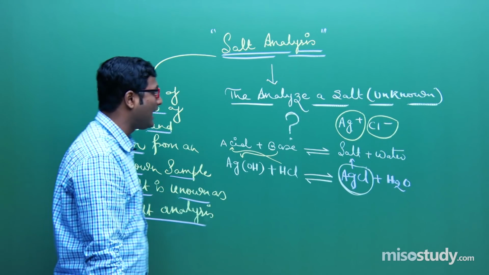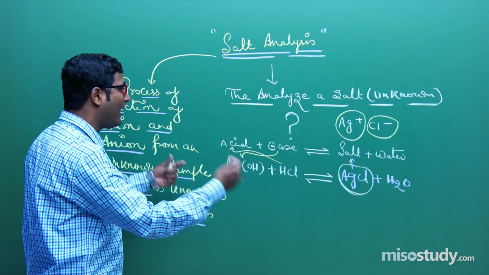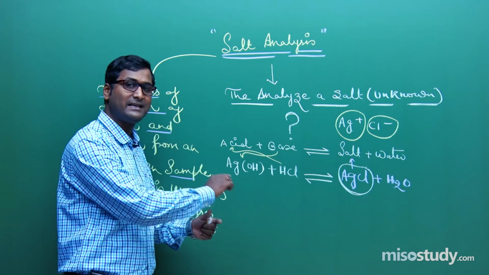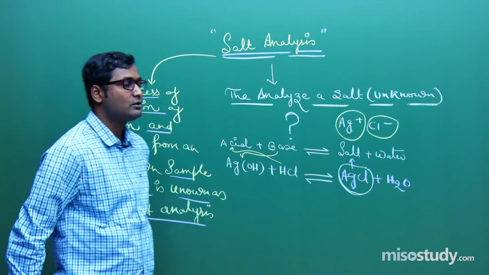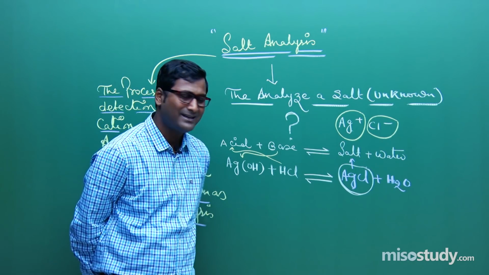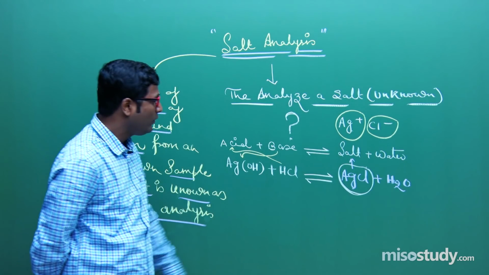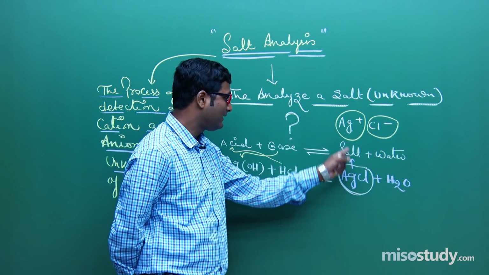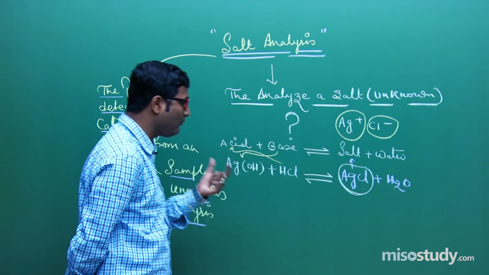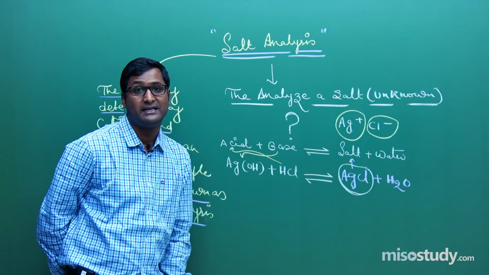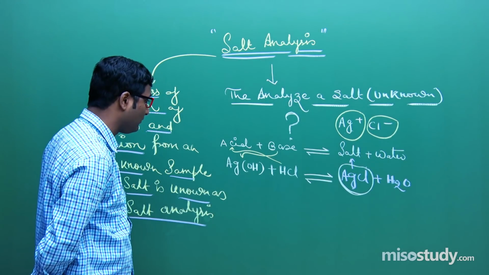But sometimes we hear that find acidic and basic radicals from unknown salt. What does it mean? What is acidic and basic radical? We are very much familiar with cation and anion, but from where do we get acidic and basic radical? That's the question. Listen carefully.